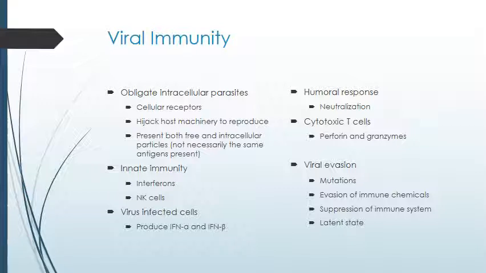Now, we do have a non-cellular response to viruses, meaning the humoral response, and that can help the cellular response, although the cellular response really is the key thing for viral immunity. But we do find antibodies. Antibodies can participate in neutralization, preventing the viruses from binding to their receptors and causing any kind of major infection.